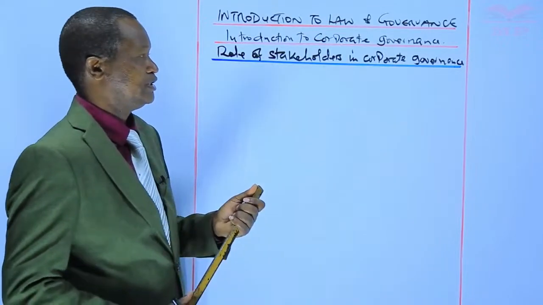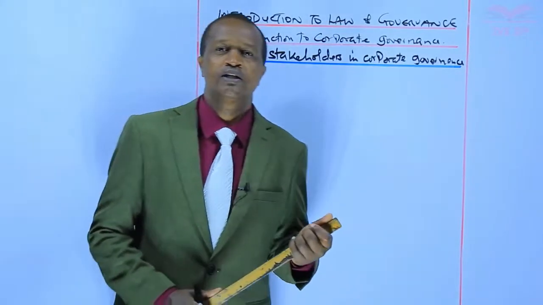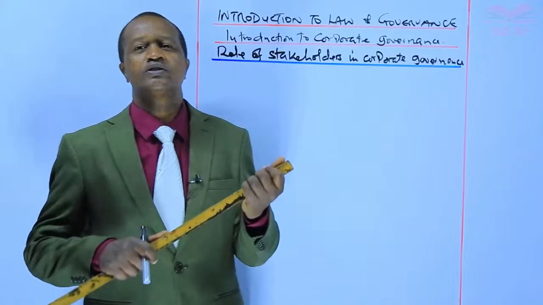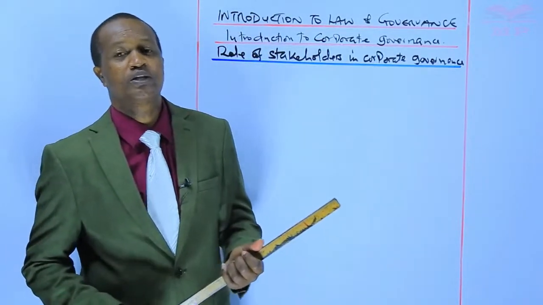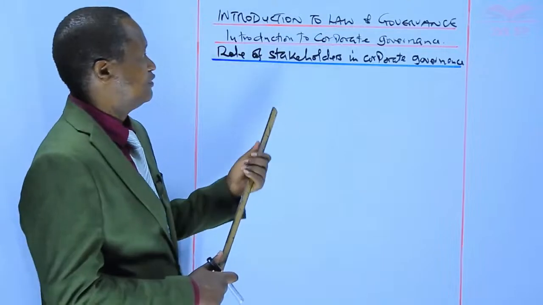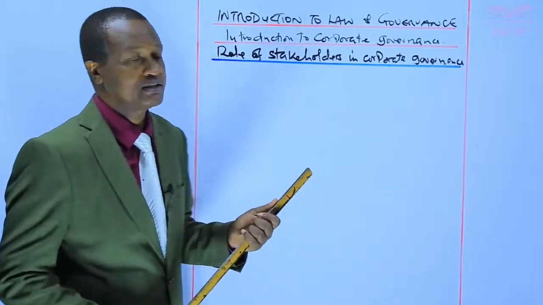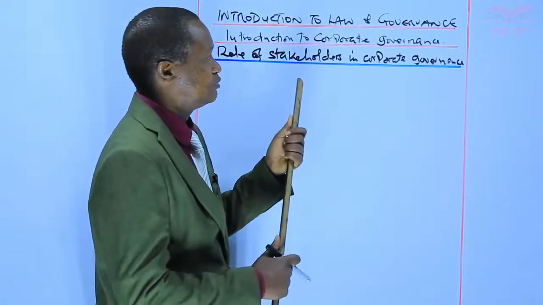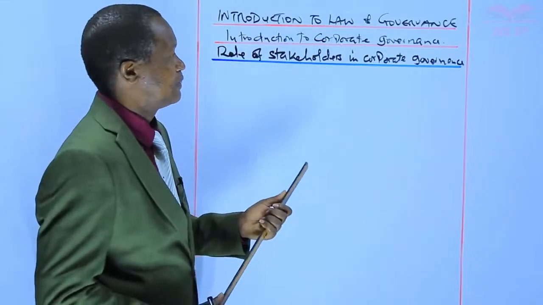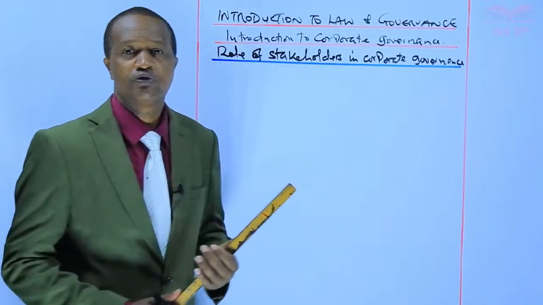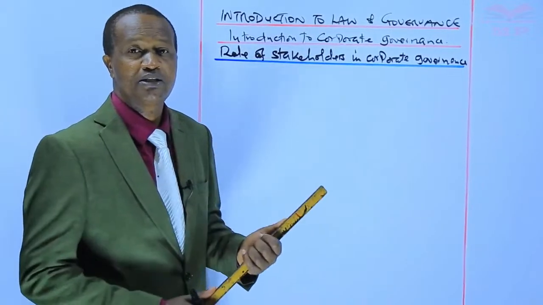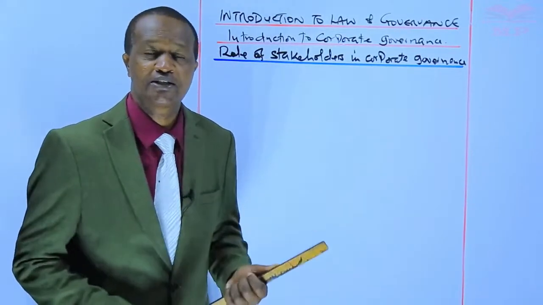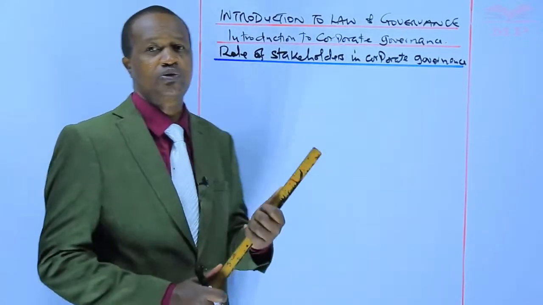Candidates, we know that organizations cannot achieve their intended objectives without involvement of various stakeholders. For a company to achieve its objectives, it requires the input of various stakeholders like the shareholders, the management, the employees, the suppliers, the customers, the government, and so on.